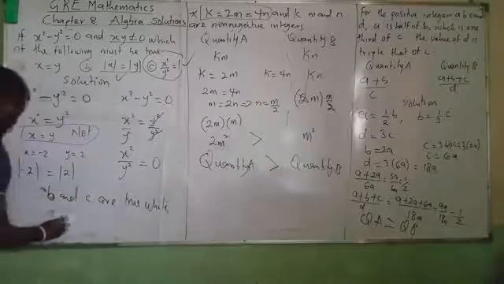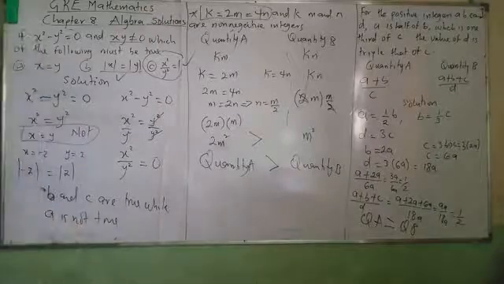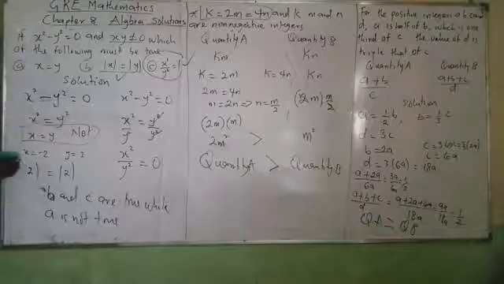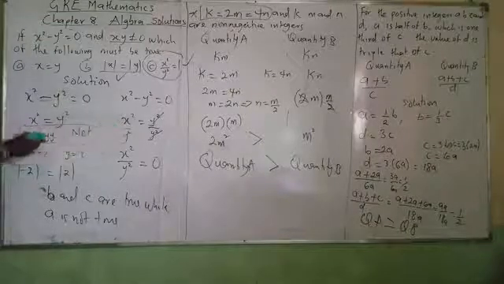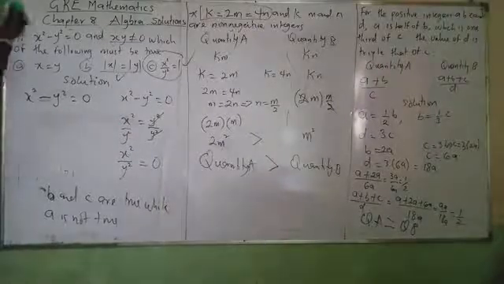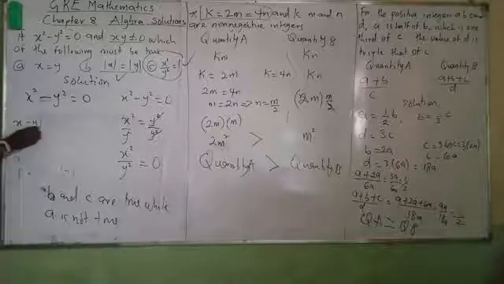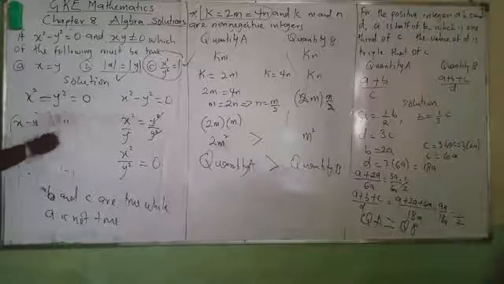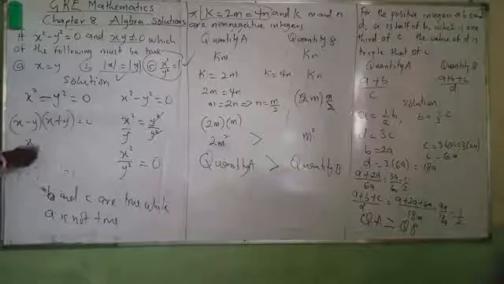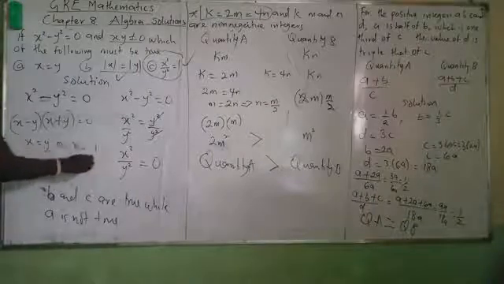A is not true. I've given you the condition of this. If I factorize the difference of two squares, it will be x minus y and x plus y equals 0. Can you see? It means x equals y, or x equals minus y.